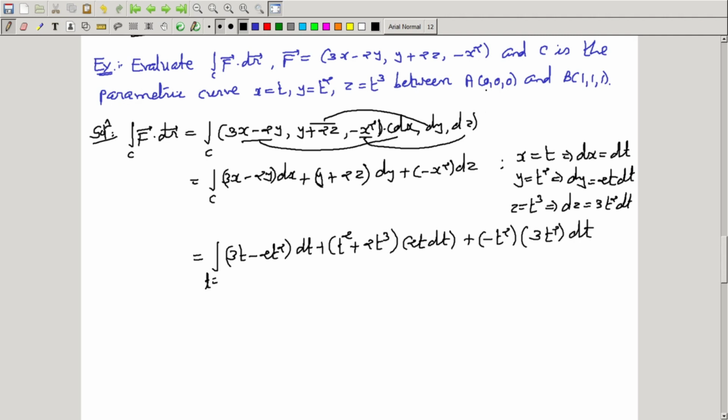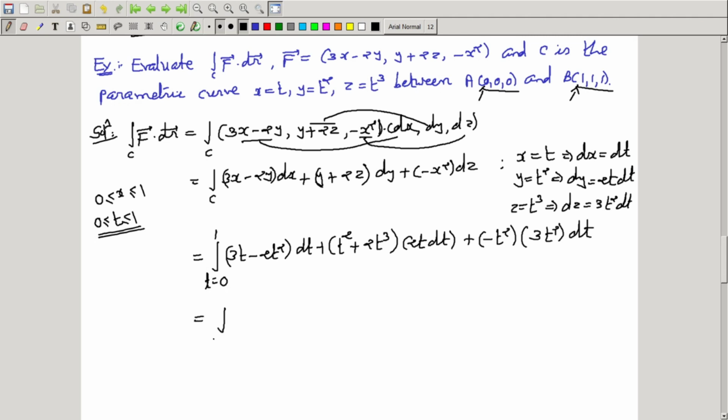We have to write the limit of t. Look at the point (0, 0, 0) to (1, 1, 1). Fix any one coordinate. Suppose I am fixing the x coordinate. So what I have, 0 less than or equal to x less than or equal to 1. What is the parametric equation for x? x is equal to t. So the limit of t is from 0 to 1.